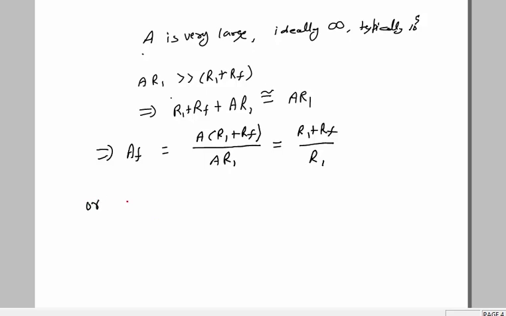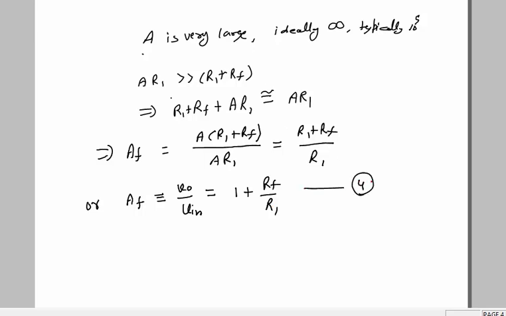In other words, AF, which by definition is V naught by V in, is 1 plus RF by R1. I am very sure you might have seen this equation already in the previous semesters. This is the equation number 4.